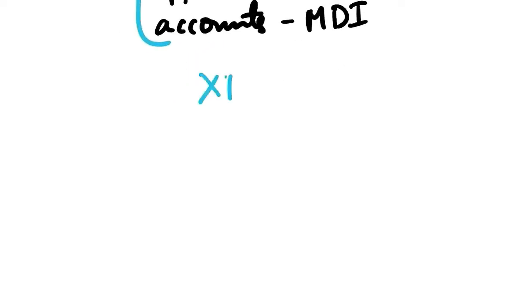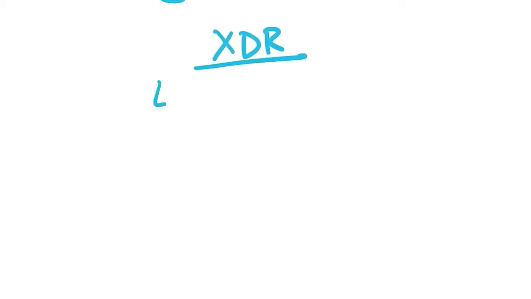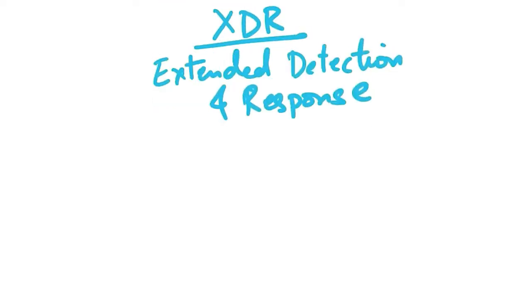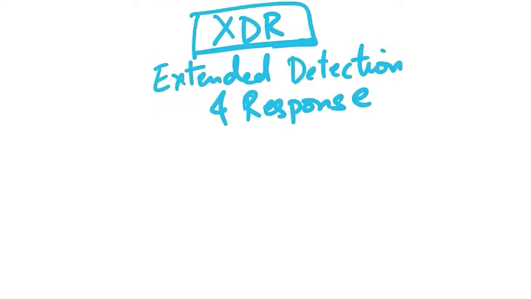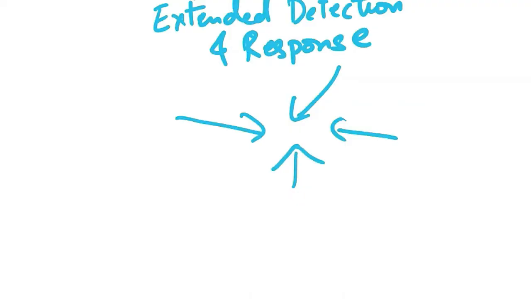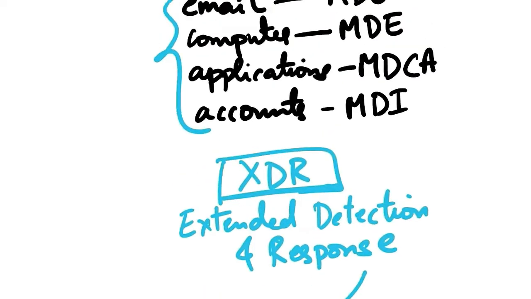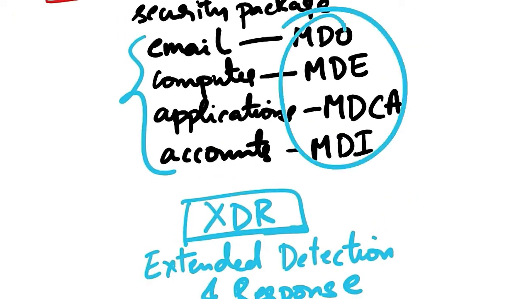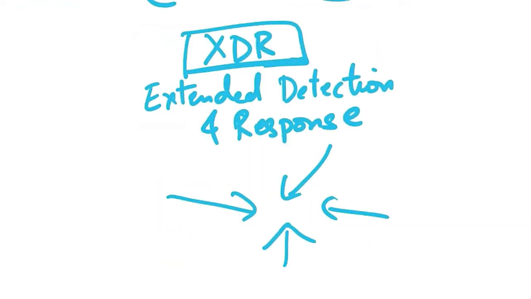Now, what is XDR? XDR stands for Extended Detection and Response. It integrates and correlates data from multiple security tools, like all these security tools and other security sources across an organization's environment.